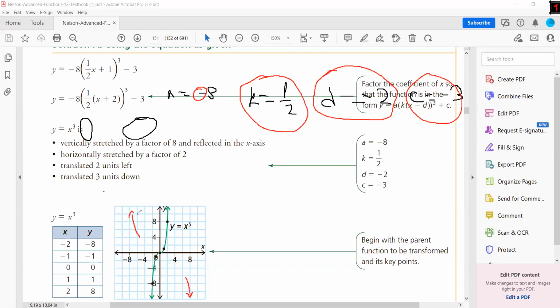So it's going to get stretched vertically and horizontally. Also it's going to be translated 2 units left. So every point of this function would be translated 2 units to the left. And 3 units down. Every point will also be translated 3 units down.